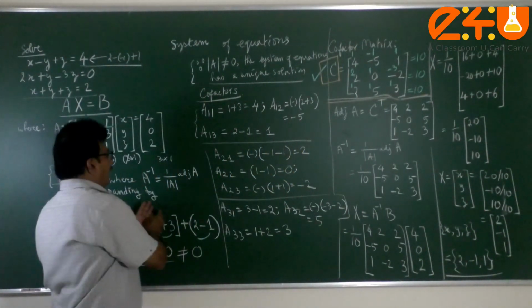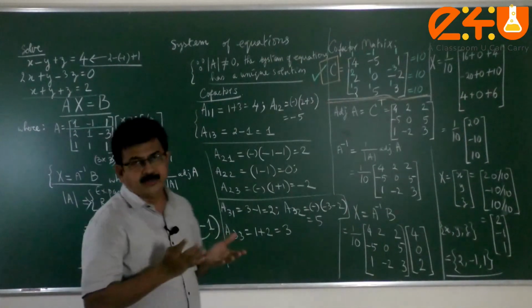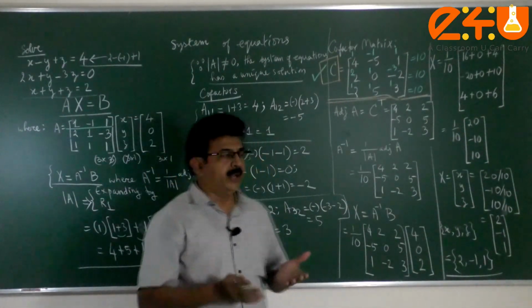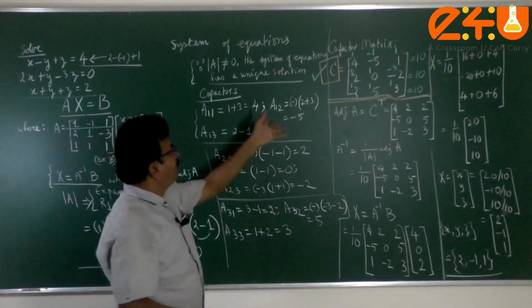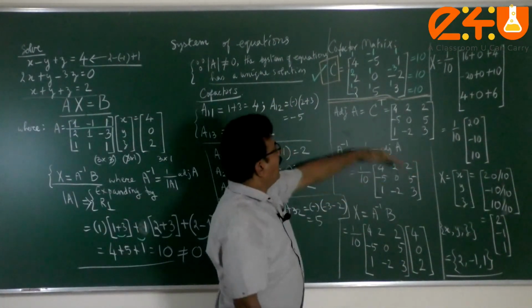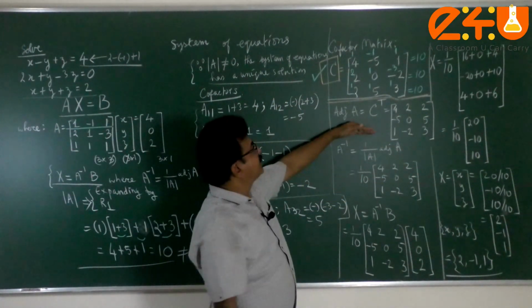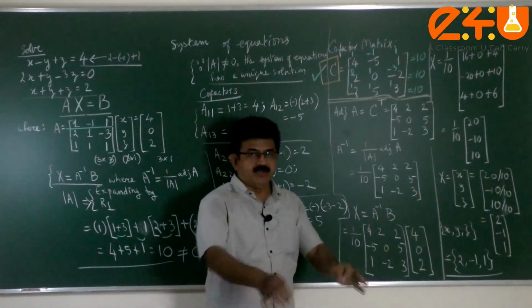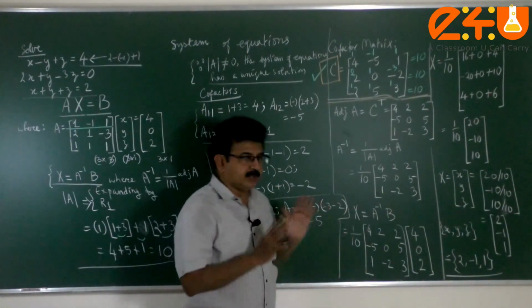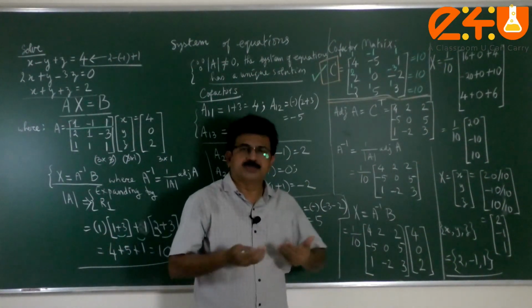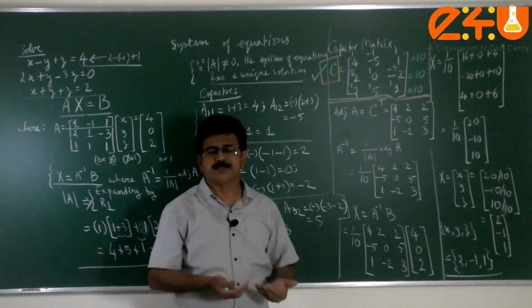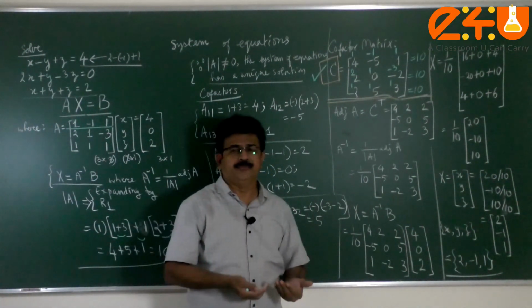1 by determinant A adjoint A is a well known formula, and we are evaluating the cofactors and preparing the adjoint, and at this point students have to take a pause, stop for a while, spend about 20 seconds maximum or 25 seconds probably.